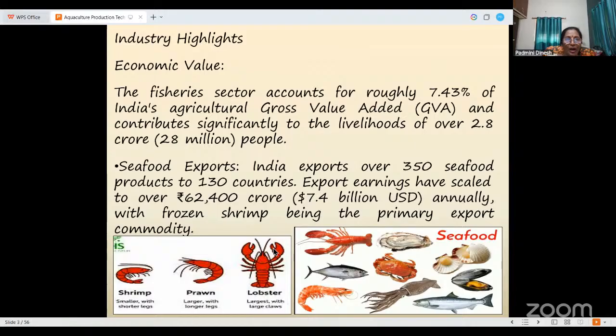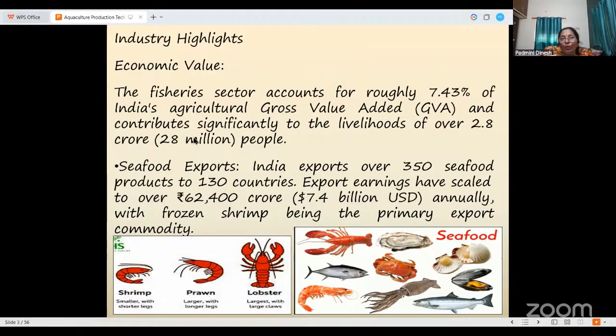Okay, so highlights of this industry, because if you're going to talk about small scale industry, you should also be knowing what is the amount that is present over here, and what is the amount you're going to earn in the future. So in the fishery sector, roughly 7.43% of India's agriculture gross value added is contributed, and this is also going to give livelihood to almost 28 million people of India.